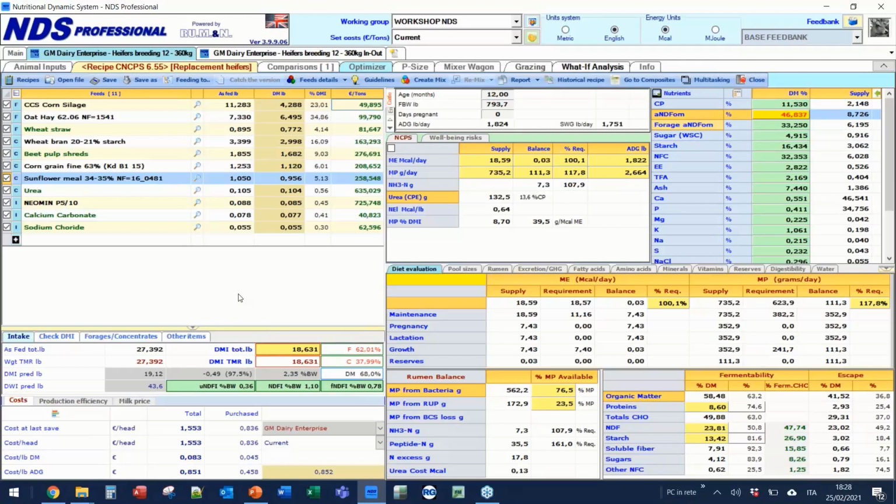And in my experience, if we feed a diet with these basic characteristics, many times, when the management is good, we are able to reach the goal, and over time we are able to anticipate year by year the age at first calving.